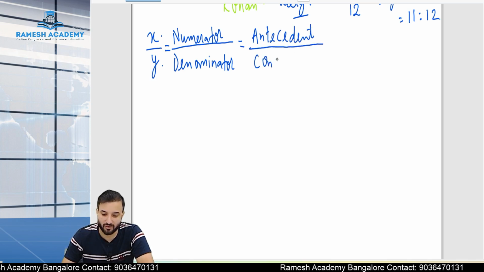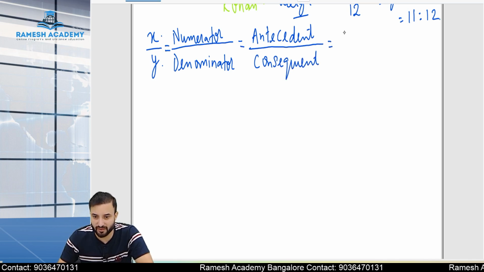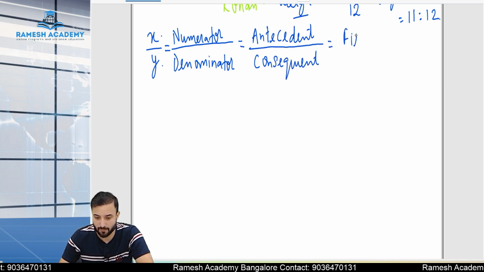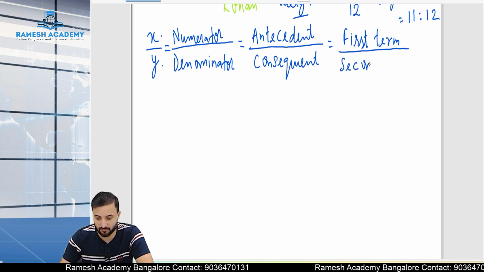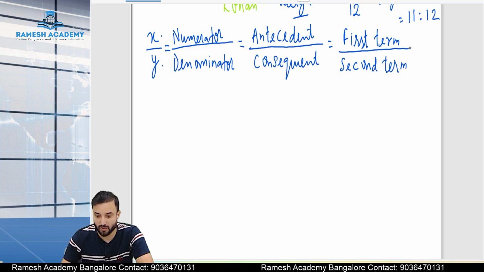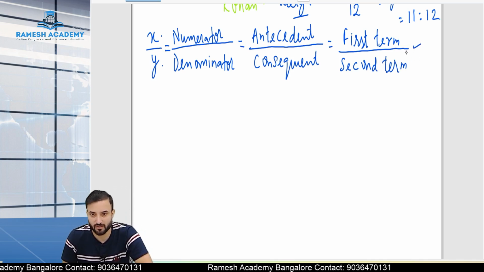And it is not denominator, it is consequent. Or we can say first term and then second term, or first quantity and second quantity.